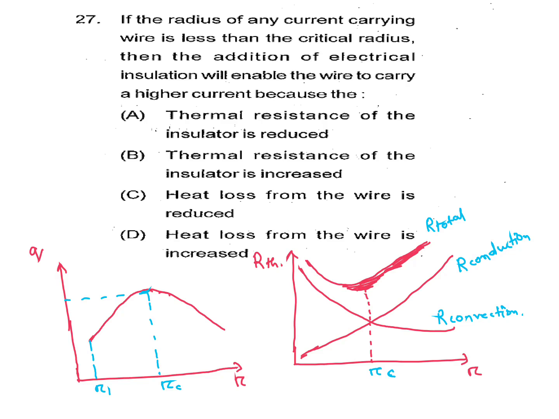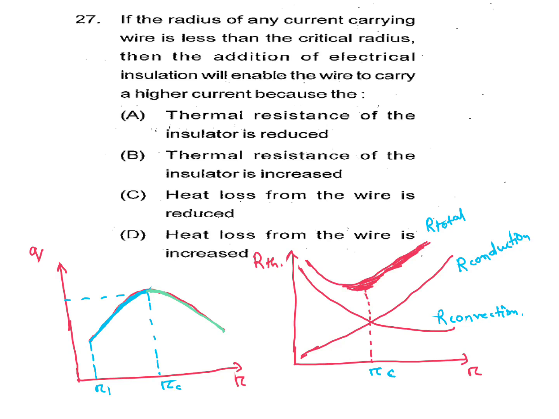So up to this region, R1 to RC, we are using for wire, because in wire we want more heat transfer, and beyond RC this area we are using for pipes, because in pipes we don't want heat loss.